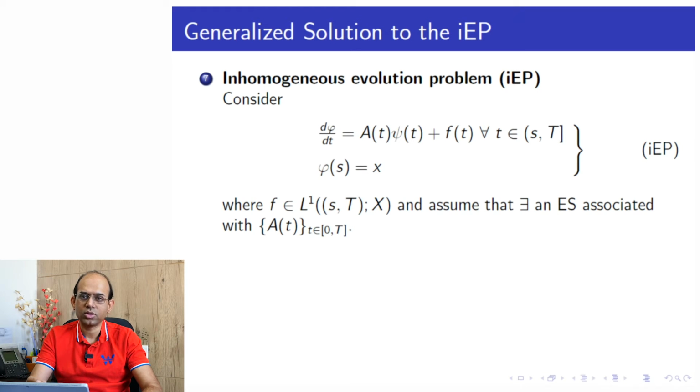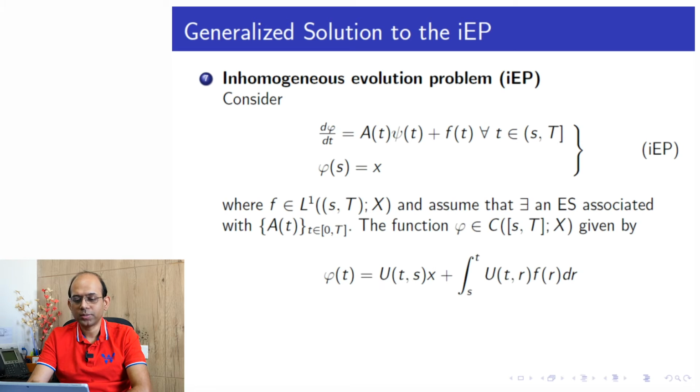We cannot drop any assumption there because it is a generalization. In certain cases we have to put more conditions but not fewer for existence of a mild solution or classical solution, whatever we discuss. Here f is in L1, and assume that there exists an evolution system associated with A(T).